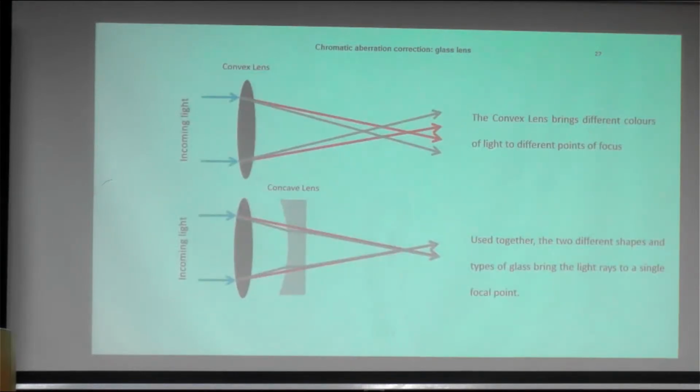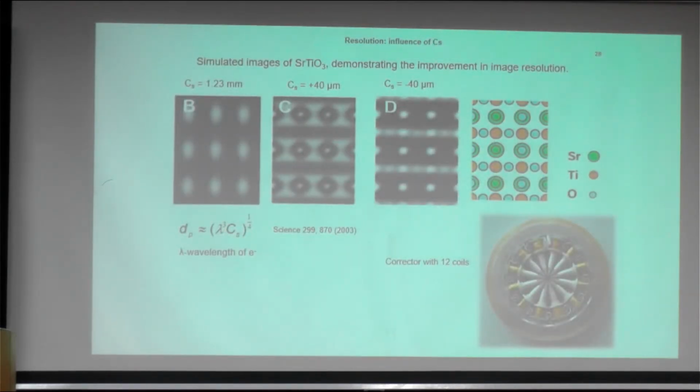So we need a special part in the system, called a corrector. In this case, you see the corrector, which has additional coils, and with these different coils, if you can calculate the aberration of your system, of your beam, then you can adjust this and correct the Cs.